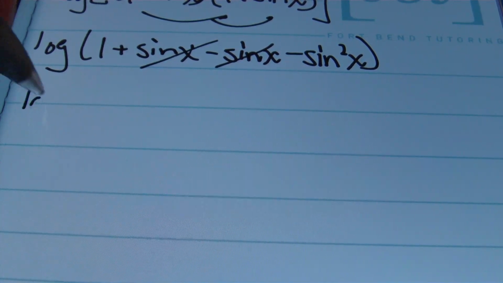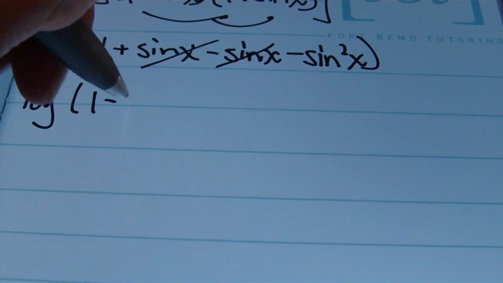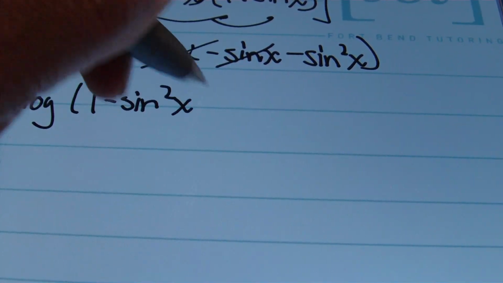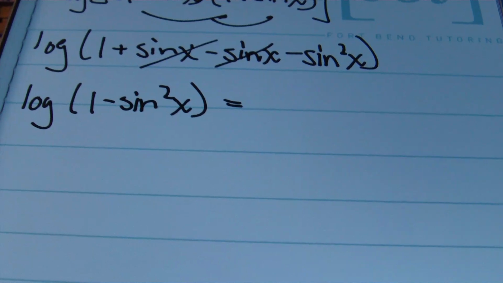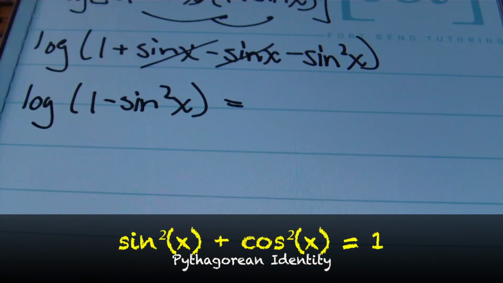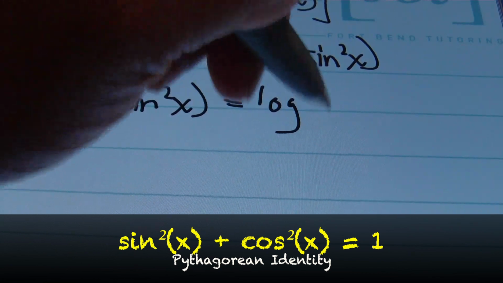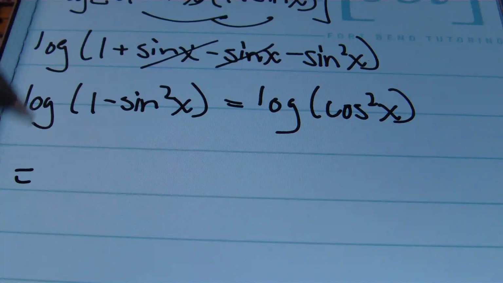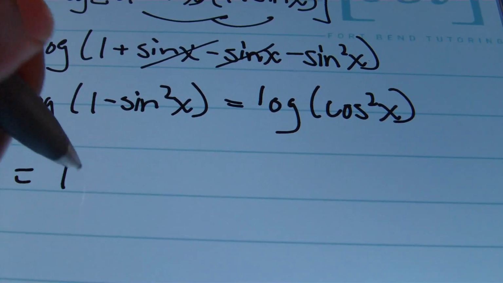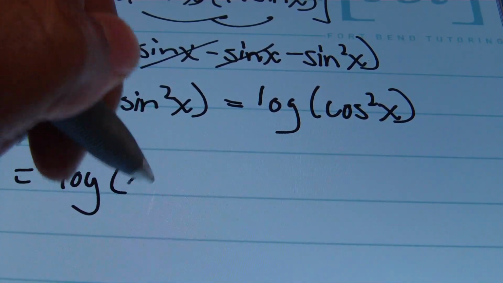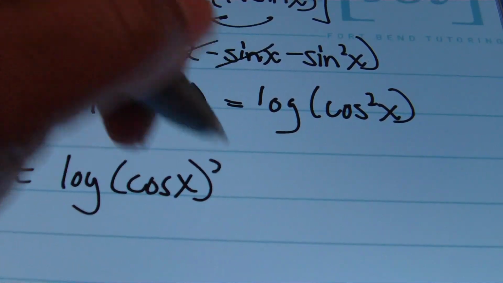And I end up with log of 1 minus sine squared x. And using our Pythagorean identity, we know that 1 minus sine squared x is equivalent to cosine squared x. So this is now log of cosine squared x. Rewriting this, this is equivalent to log of cosine x squared.